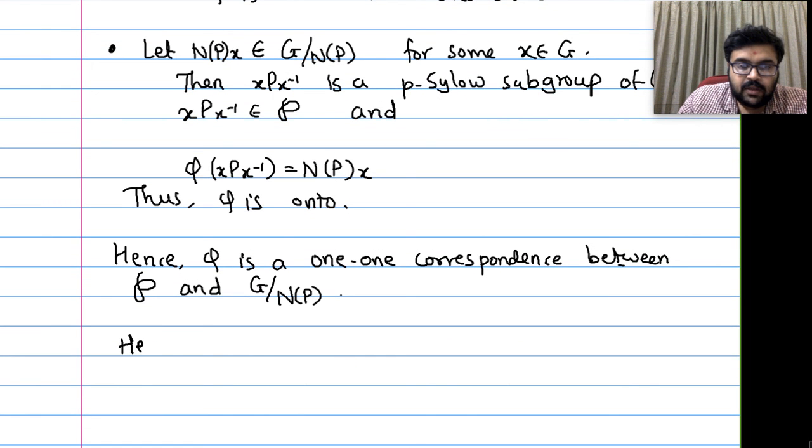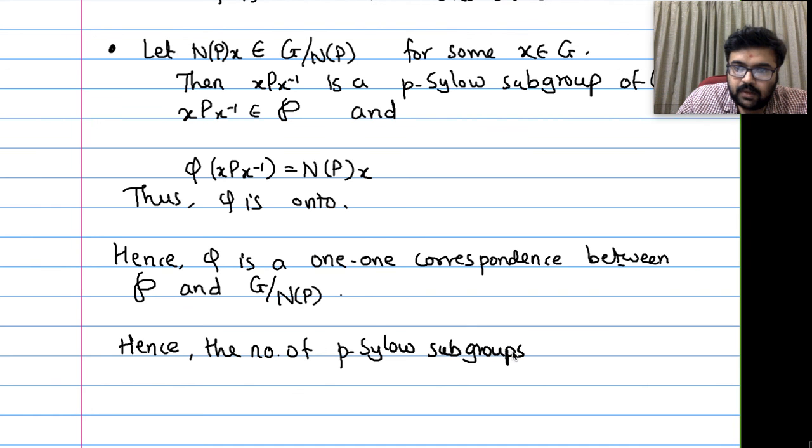So the number of p-Sylow subgroups of G equals the cardinality of this, which is the order of G quotient N(P), that is, the order of G upon the order of N(P).